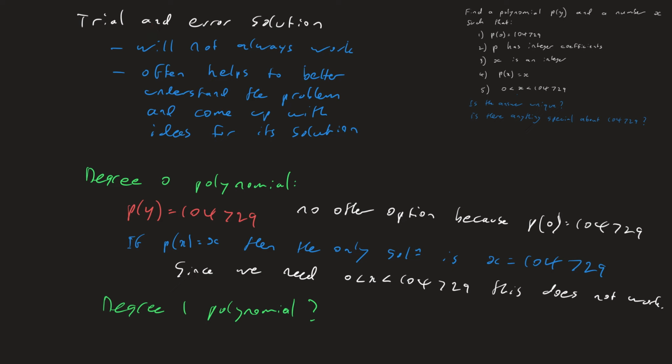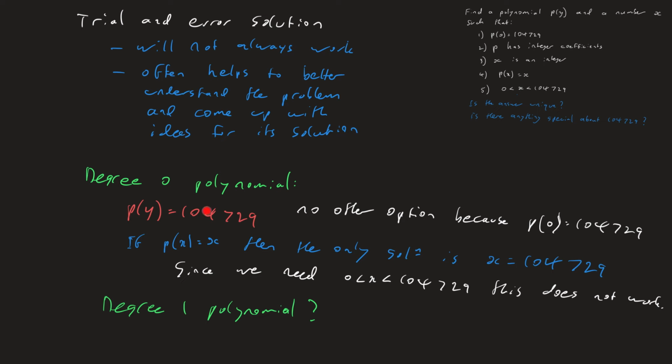Because p of 0 has to equal 104,729, that means that requirement 1, together with our simplifying assumption that p of y is a degree 0 polynomial, means that p of y has to equal this number here. It has integer coefficients. Now we move on to finding a value of x that satisfies this.